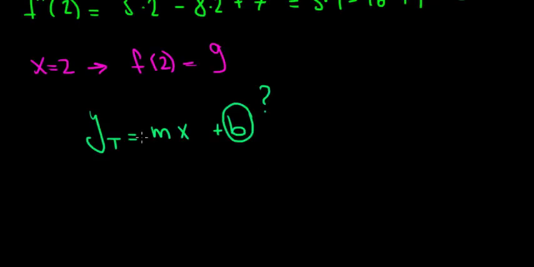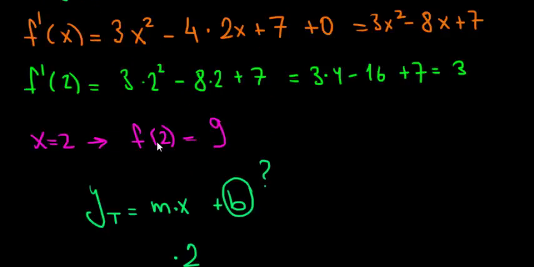Well, we know that at the point of 2, so when x equals 2, and the slope, we know also that is equal to 3 from here. This is our slope, plus an intercept, gives us the y value of 9. So if that's the case, how can we find out the intercept?